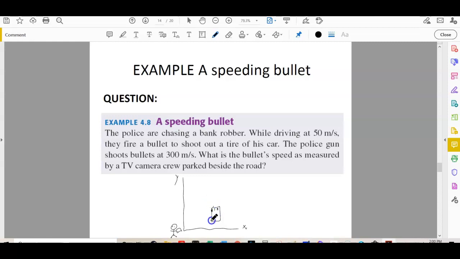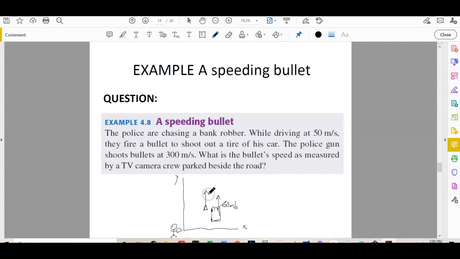Driving, little wheels and stuff, a little angled here, starting to look like a happy face. Anyways, the police car is moving at 50 meters per second upwards, right? But they are also firing a bullet out the window, okay?